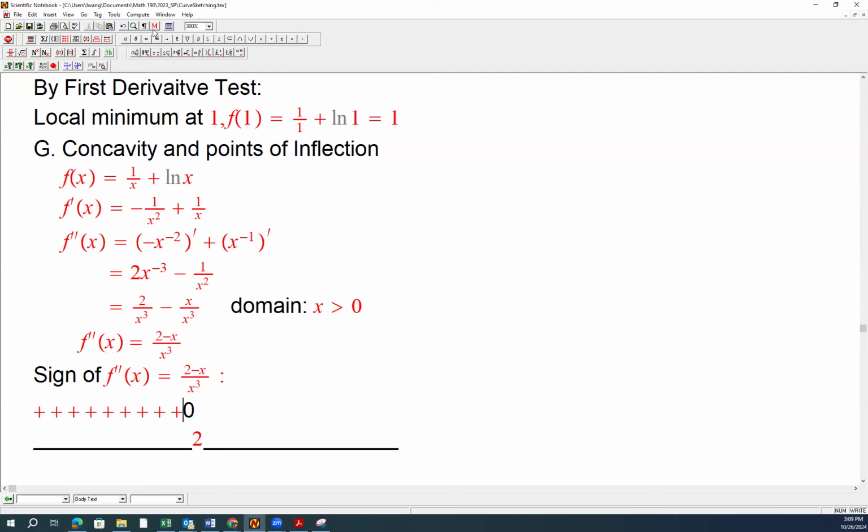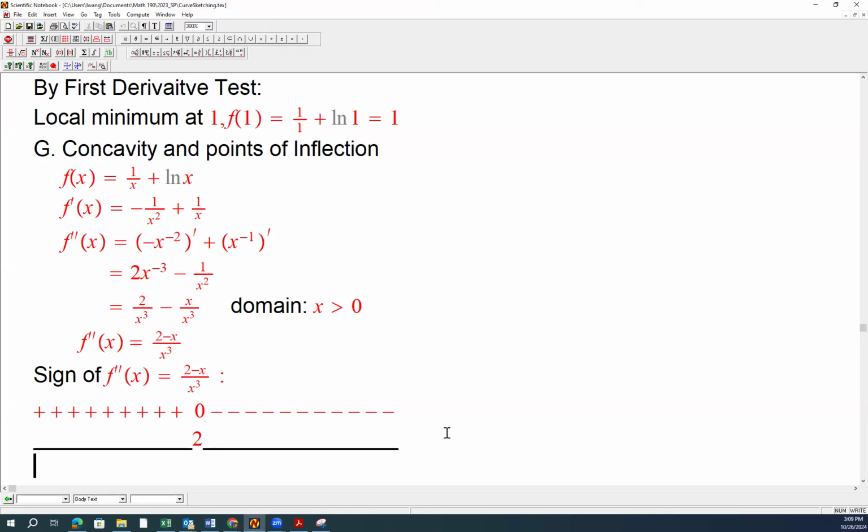If x is larger than 2, this is going to be negative. Well, you don't have to do this number line thing if you get it. I just want to be a little bit more visual. So the second order derivative changes the concavity at 2 from concave up to concave down.